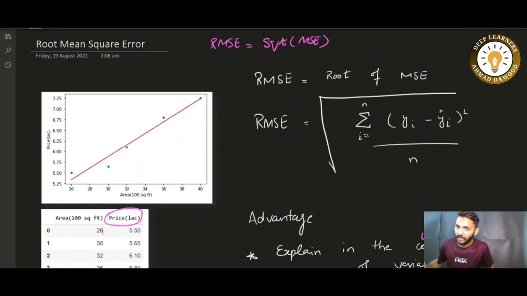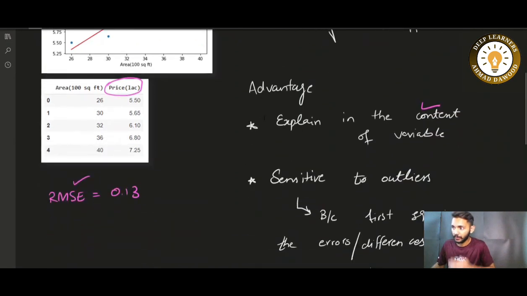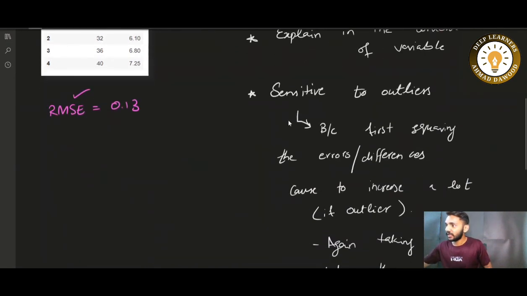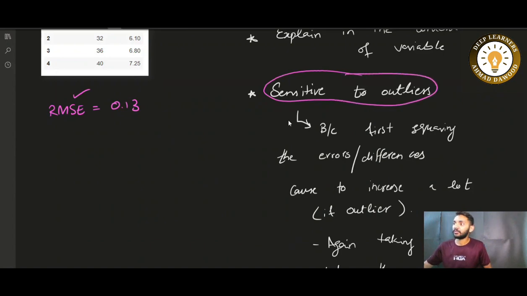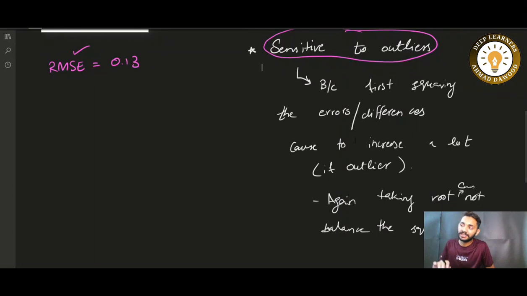Now the same disadvantage that mean square error has, root mean square error also has: it is sensitive to outliers. When you first square the errors and differences, it increases the error a lot, or you can say overestimates your error, and taking the root again cannot balance the squared error.